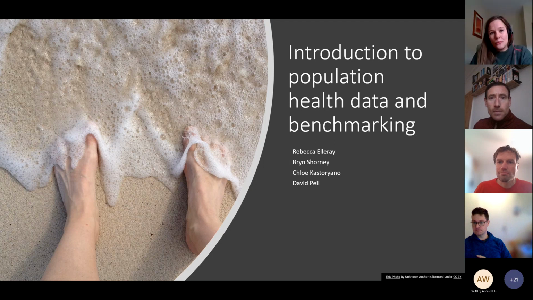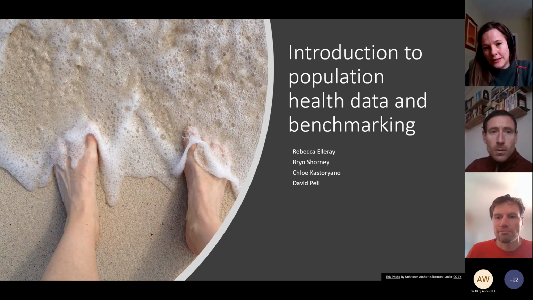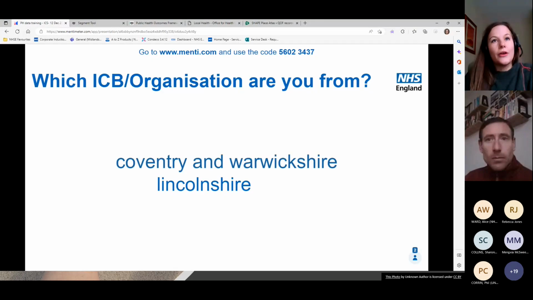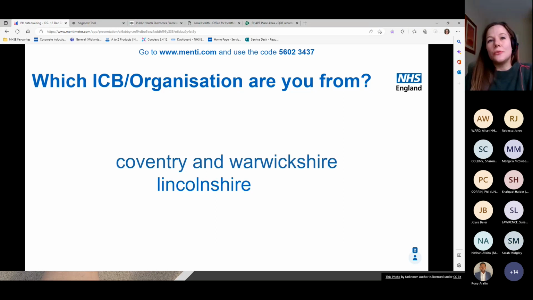So before we go on then, what I want to do is just find out a bit about you in the audience and who you are. Hopefully you will, I can see a couple of you are ahead of the curve. That's great. So if you can all sign into menti.com and use that code and tell us where you're from, which ICB or organisation you're from and which area you're representing.